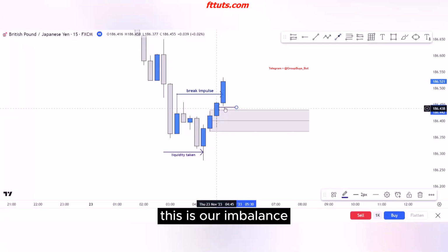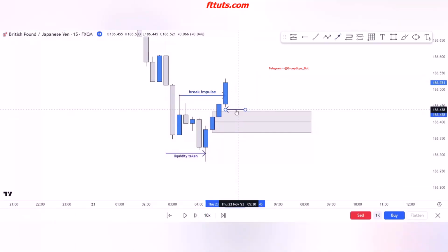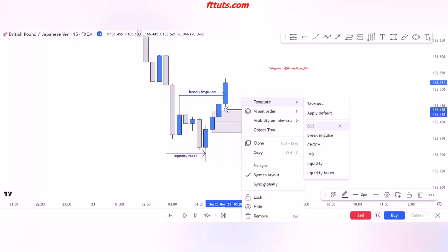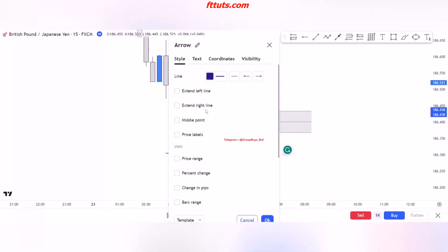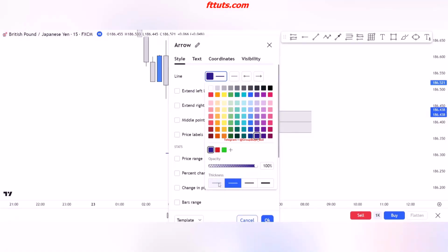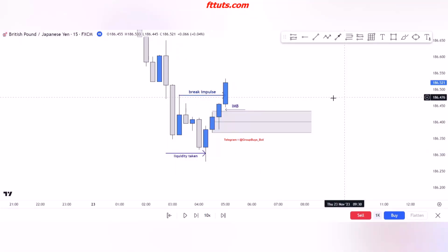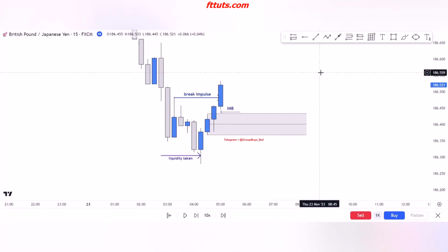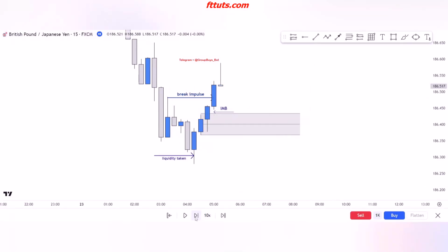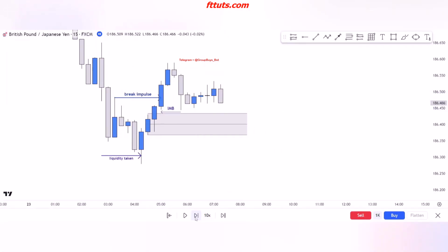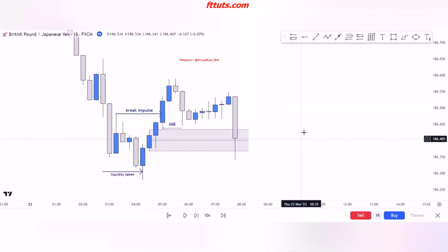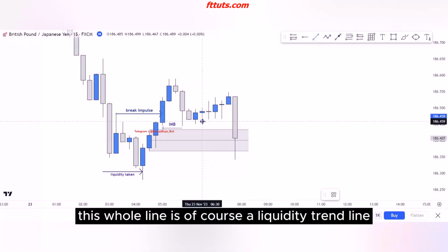This is our imbalance. You must already start to recognize all the rules by yourself. This whole line is of course a liquidity trend line.